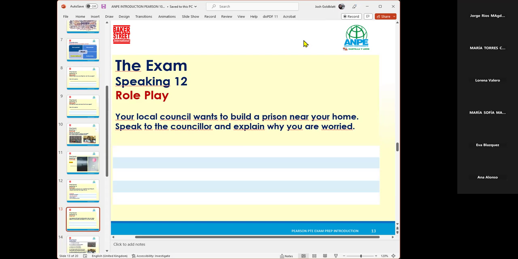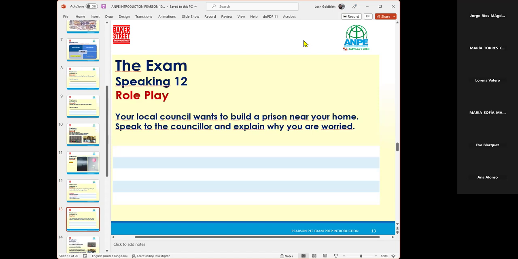I disagree. I worry. Why? Because I don't like a prison near to my house. I know, but you know, the old prison is very small. And so we need a much bigger prison because there's a lot more criminals.